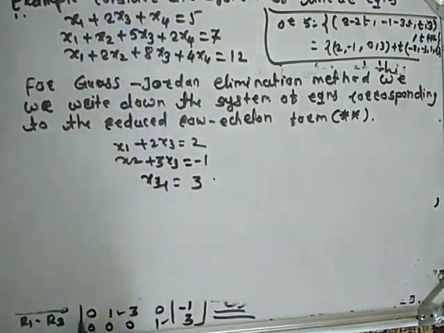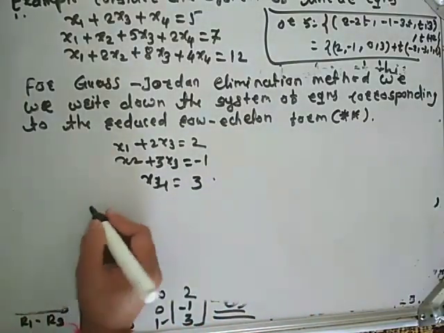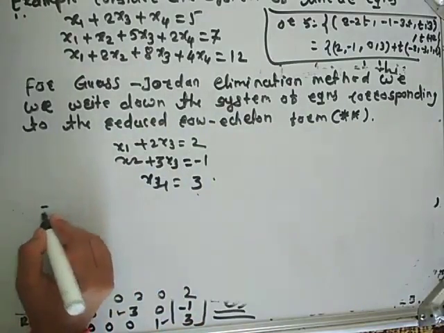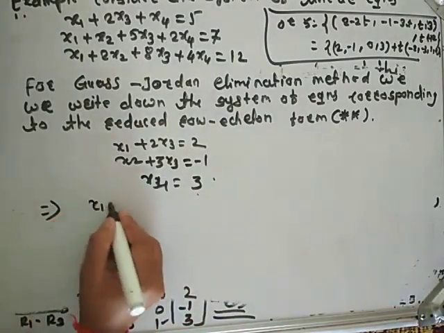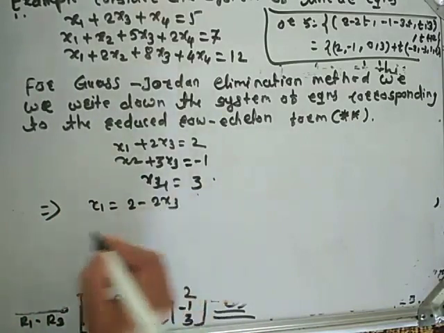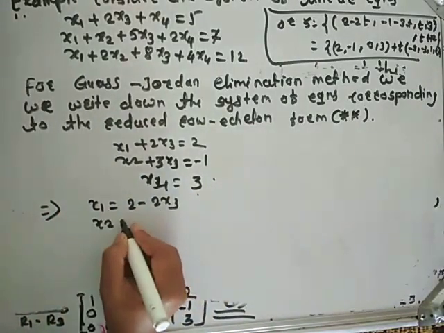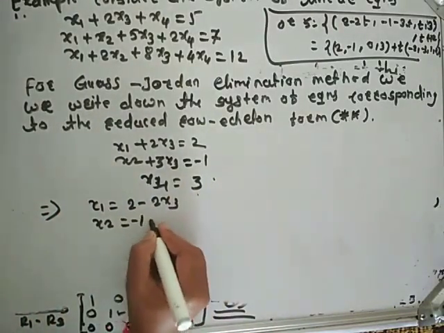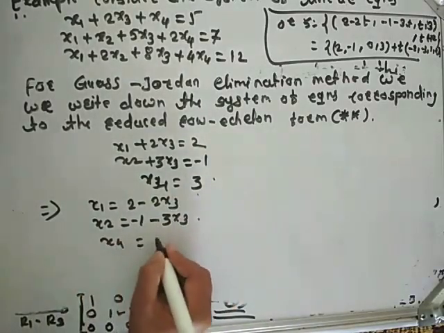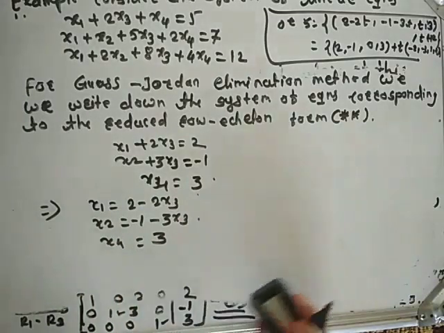It is straightforward. This augmented matrix is 1 0 2 0 2. That implies x1 is equal to 2 minus 2x3, x2 is equal to minus 1 minus 3x3, and x4 is equal to 3.